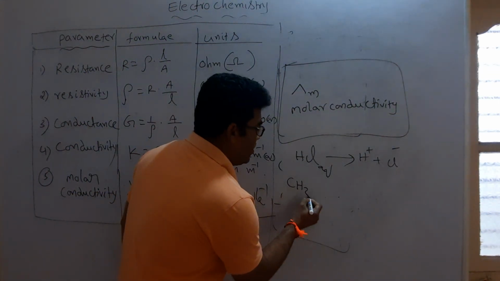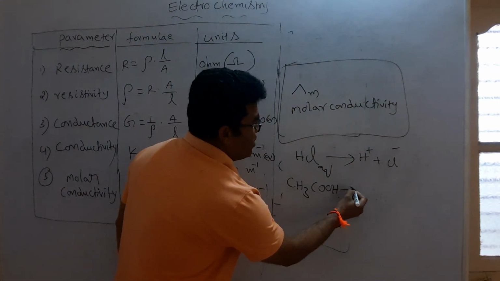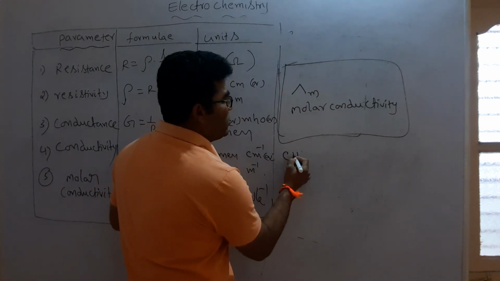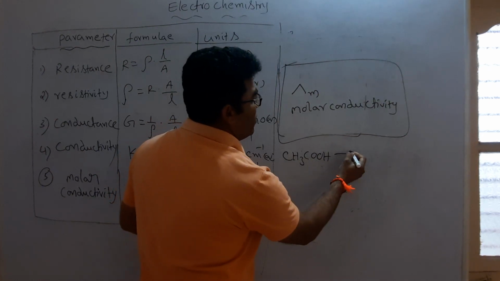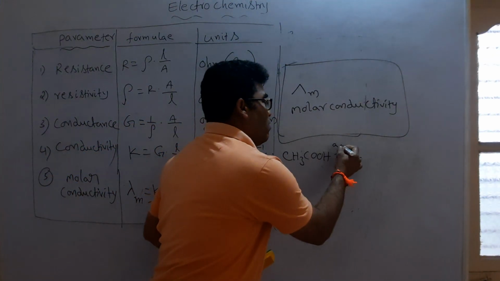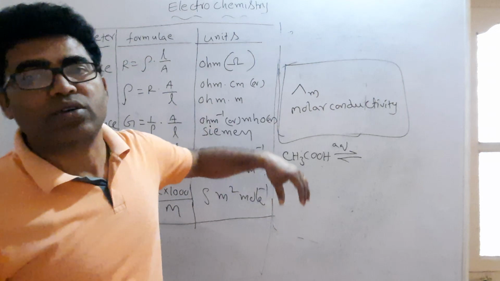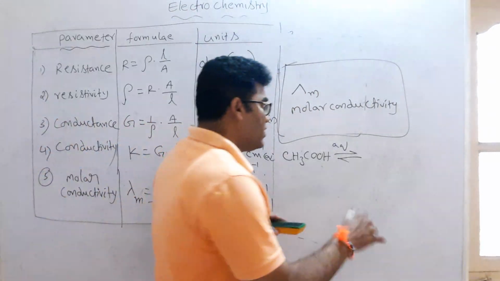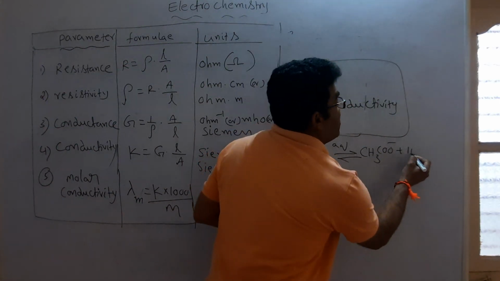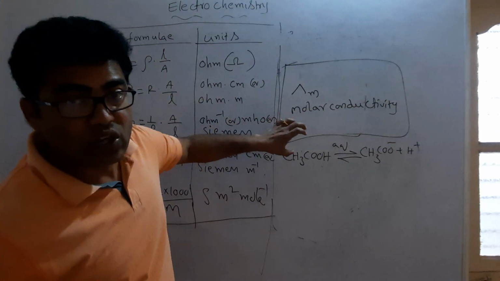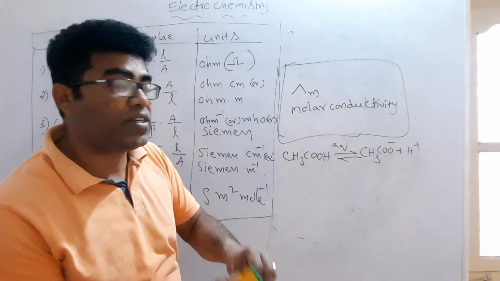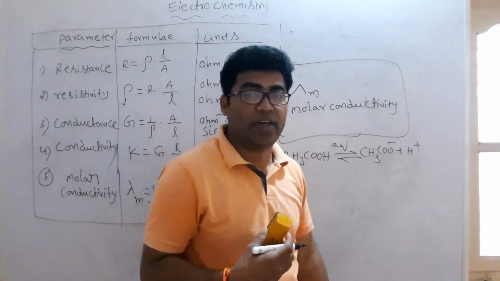For example, take CH3COOH, which is a weak acid. Whenever you take acetic acid and drop it in water, suppose 100 acetic acid molecules, you don't get 100 acetate ions and 100 H plus ions. Though you dropped 100 acetic acid molecules in water, they are not all dissociated into ions.